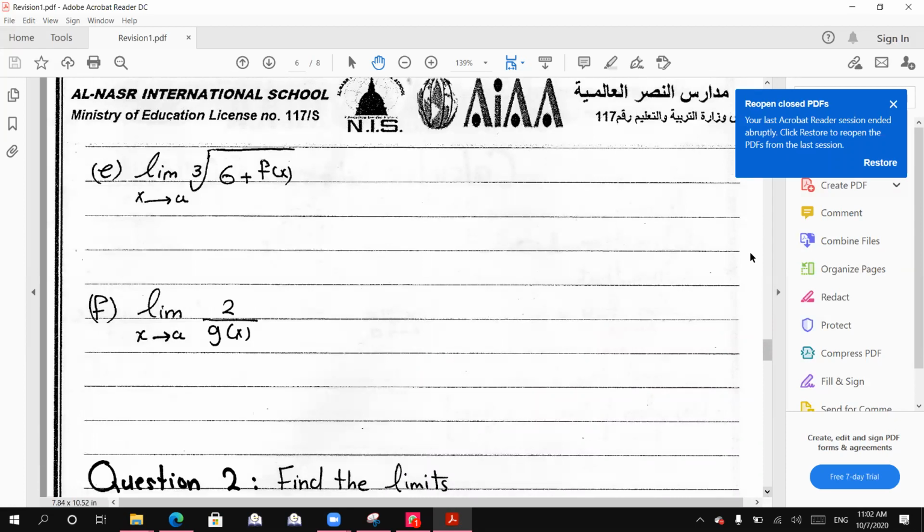Now for E. Here, I want to find the limit of the cube root of 6 plus f of x. What can I do here?